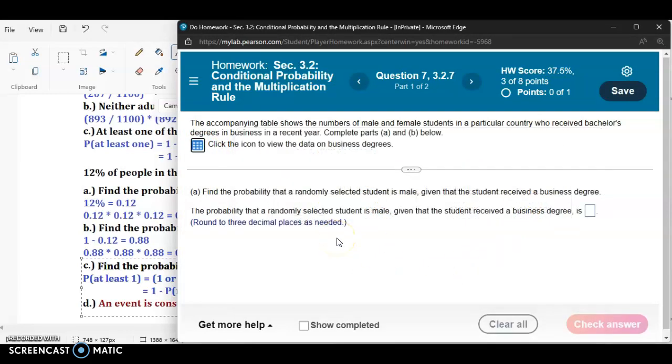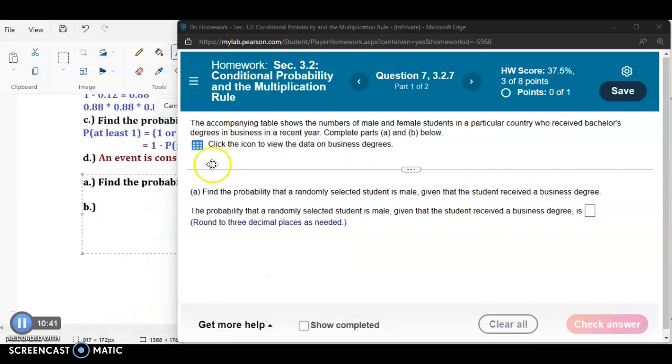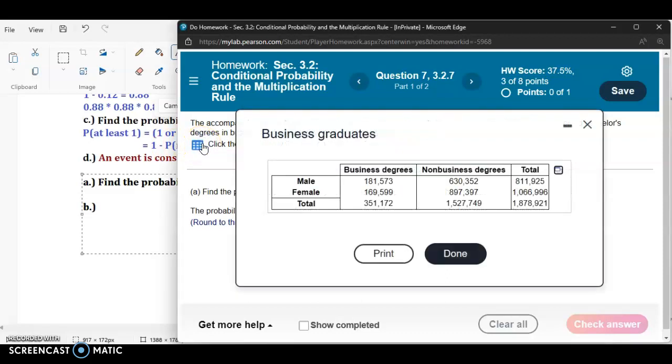So part A says find the probability that a randomly selected student is male given that the student received a business degree. These questions can be a little tricky, but they don't have to be. If you look at our table, the given event is that the student has a business degree.